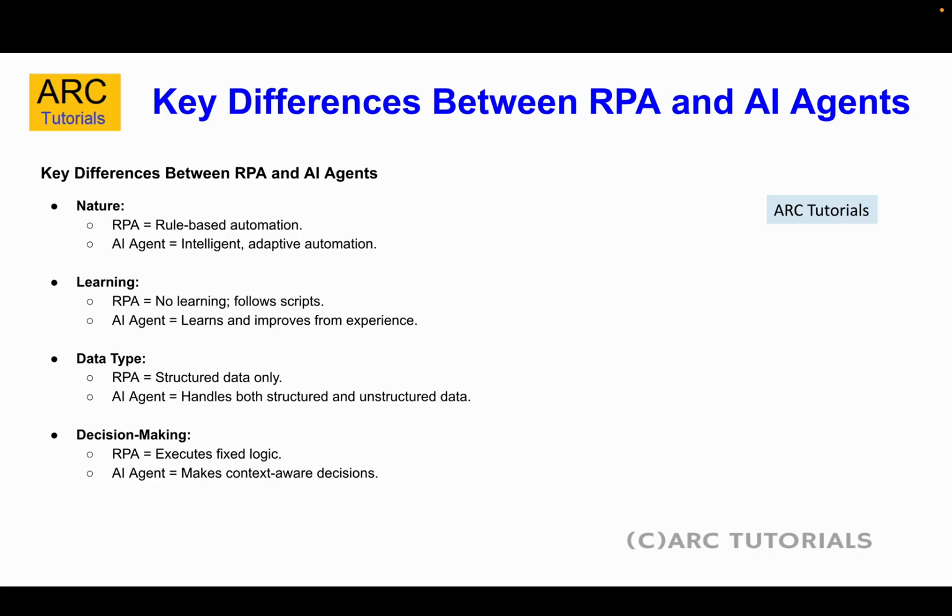For RPA to work, it needs structured data. It can only work with structured data. Whereas an AI agent can handle both structured as well as unstructured data. Decision making: RPA executes fixed logic, whereas an AI agent can make context-aware, self-driven decisions.